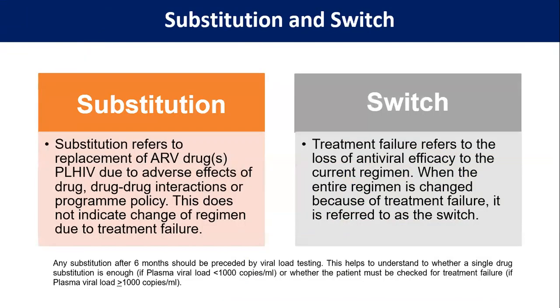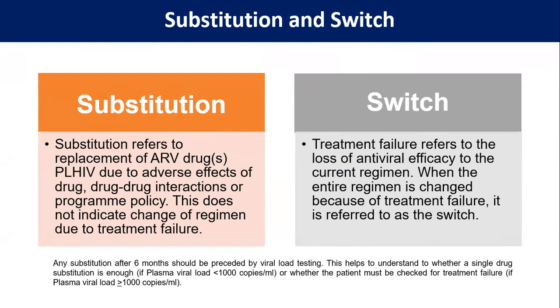Before we go into ART failure, we need to clarify two concepts: substitution and switch. Substitution is usually a replacement of a single ARV because of drug-drug interaction, programmatic policy, or toxicities. For a switch, the entire regimen is changed to a new regimen.